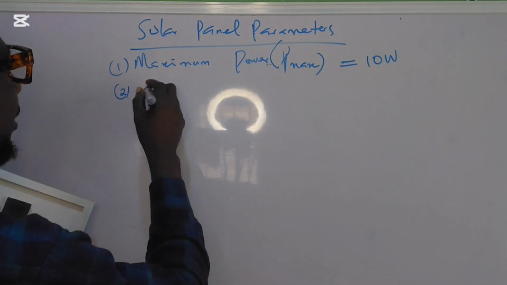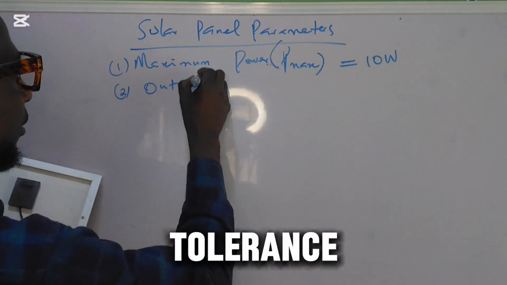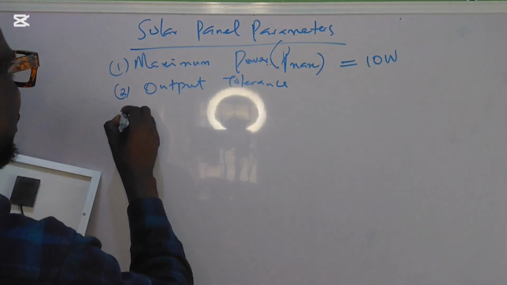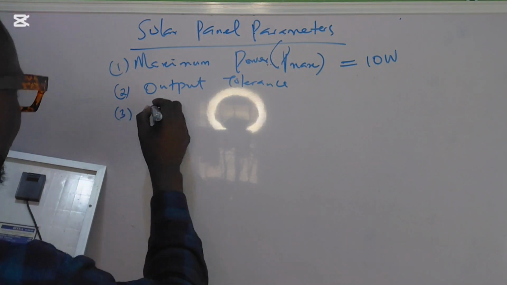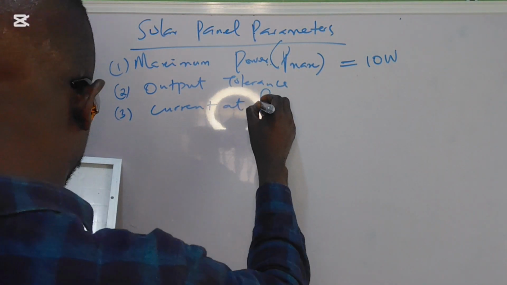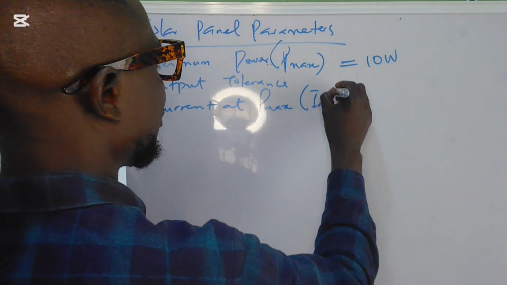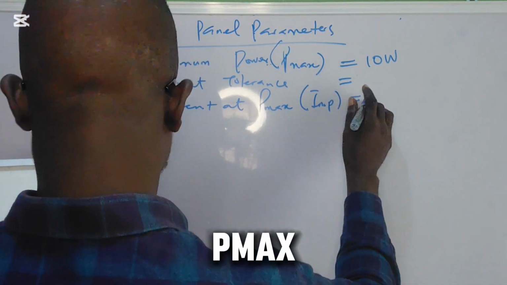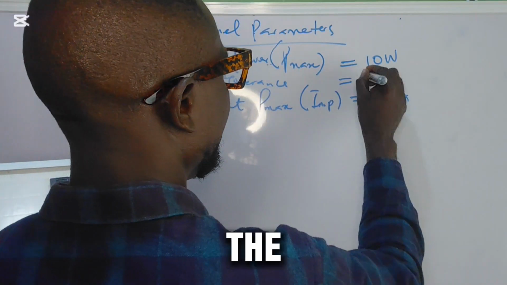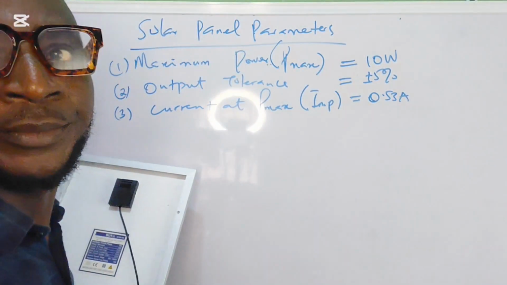We have the output tolerance. 3. Current at Pmax, that is Imp. The current at Pmax here is 0.53 amps. The tolerance is plus or minus 5%.